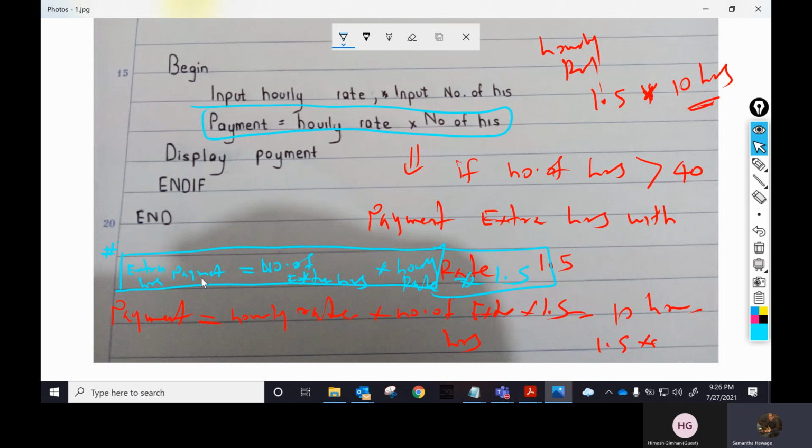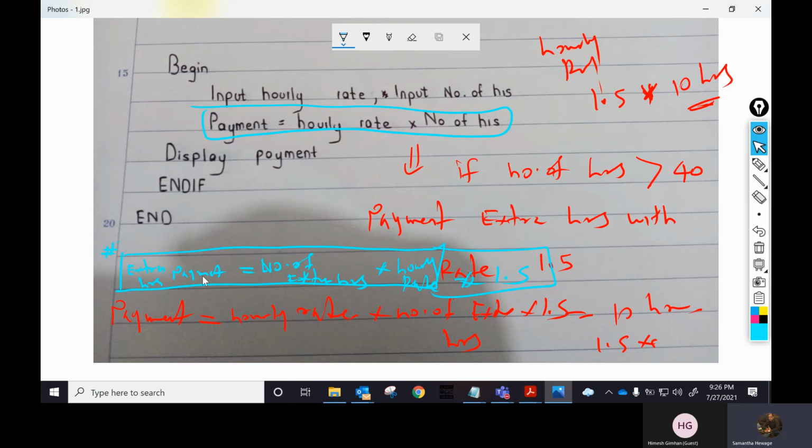Let's assume the hourly rate is 1000. At the hourly rate of 1000, I am working 40 hours. Then 40 into 1000, that is 40,000. But I am saying 50 hours. Then I am working extra 10 hours, and my rate is 1.5.